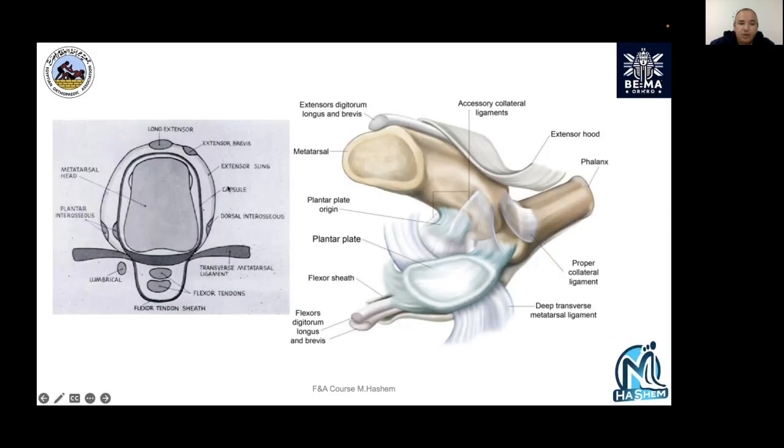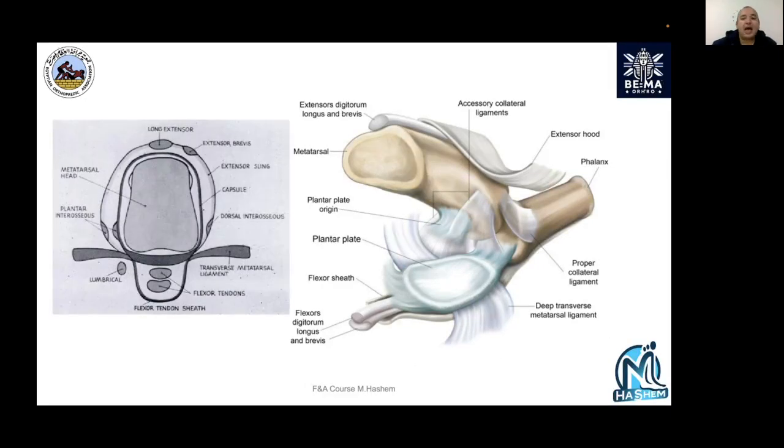So this is the shape of your MTP joint. So you have the flexor tendons underneath, the extensor tendons or the extensor hood up, metatarsal head. And remember that the transverse intermetatarsal ligament has the interossei above, the lumbricals, and the digital nerve underneath. Because the digital nerve is underneath, with any cause of overloading of your forefoot, you put more load on the transverse intermetatarsal ligament, and this is when the nerve gets degenerated and forms the Purcell complex, what we call the Morton's neuroma.